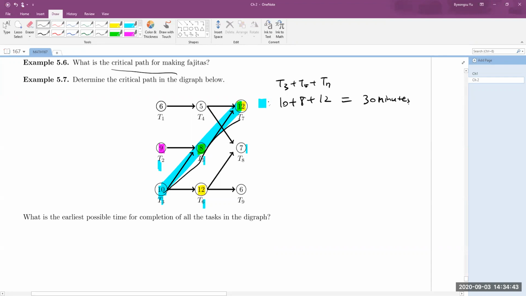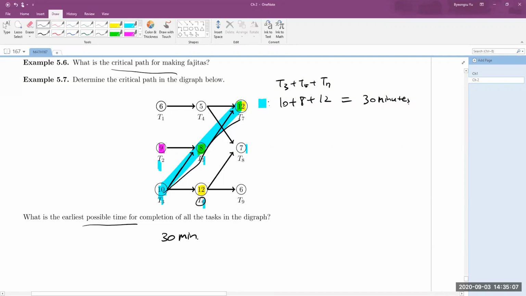Does it make sense? Or do you have any question? So the earliest possible time for completion of the task in the diagram is 30 minutes, right? Because even if you can implement task T6, it doesn't make the process shorter, right?